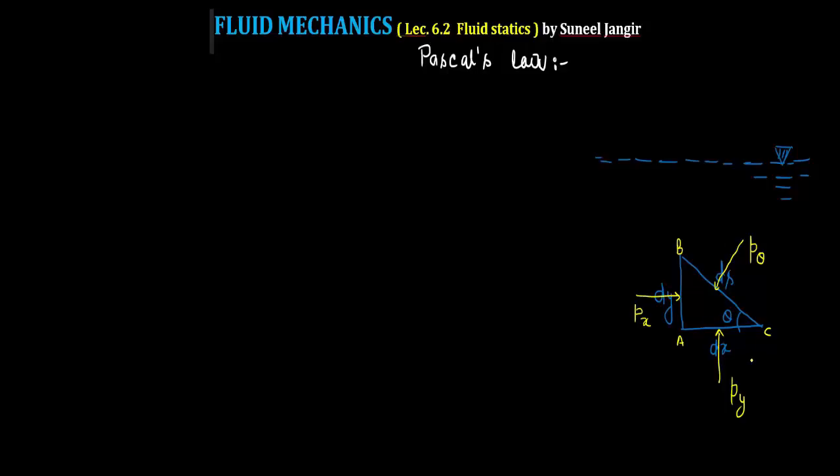So the weight of this element is equal to 0. Actually we can consider this approximately a point. This element looks like a point. This element of fluid is lying in a static fluid, meaning fluid at a rest condition.